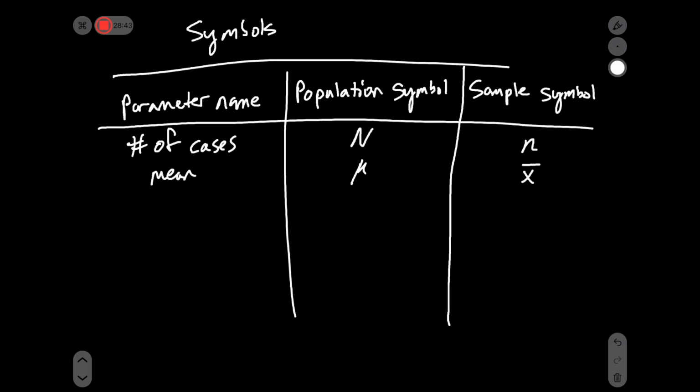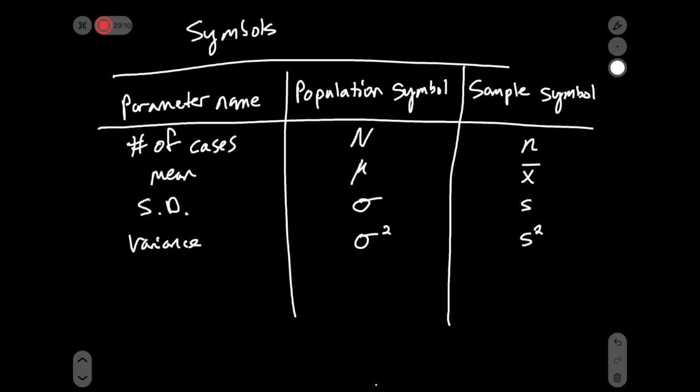Let's do the standard deviation. For the population, this is sigma, Greek letter sigma, and for the sample, it's just lowercase s. For variance, this is sigma squared, and for the sample, it's just lowercase s squared.